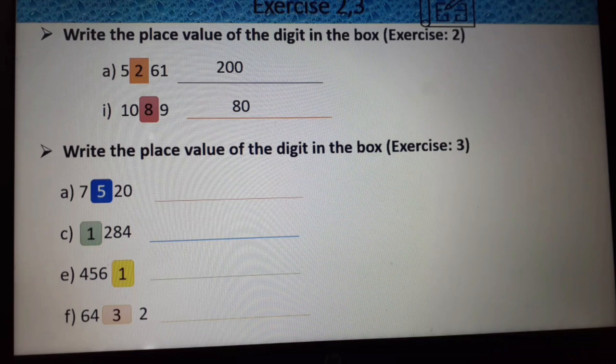So the place value of 5 is 500. 500, yes. C number, go for C number. 1,284. Here the highlighted one is 1. So what will be the place value of 1? 1,284. So the place value of 1 will be 1000s. Yes, very good.